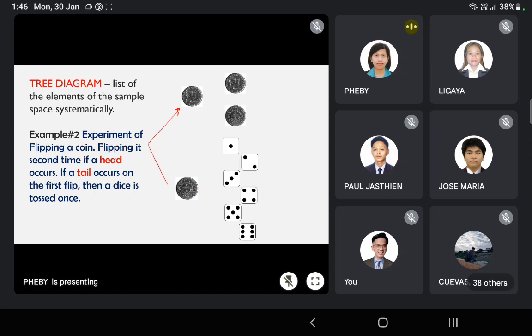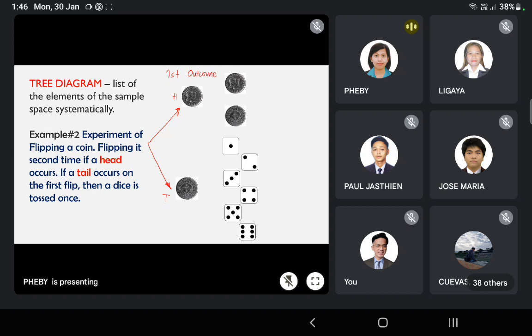mag-flip ng coin. O dun sa first outcome. So, the first outcome is either magkakaroon tayo ng head or magkakaroon tayo ng tail. So, that is the first outcome. So, flipping it a second time if a head occurs.